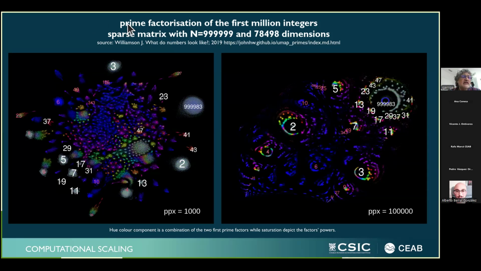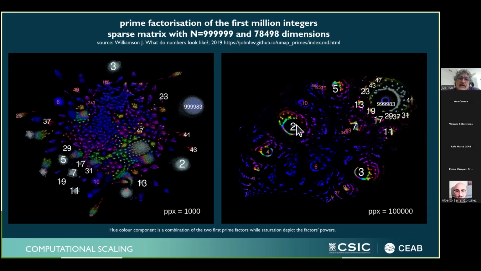This is a sparse matrix with 1 million rows, well, one less because the integer 1 is not there, and about 80,000 dimensions, which are the number of prime factors that lie within this range of the first million integers. And here we have a visualization with a low perplexity, and here a visualization with a really high perplexity, in this case a neighborhood size of 100,000.